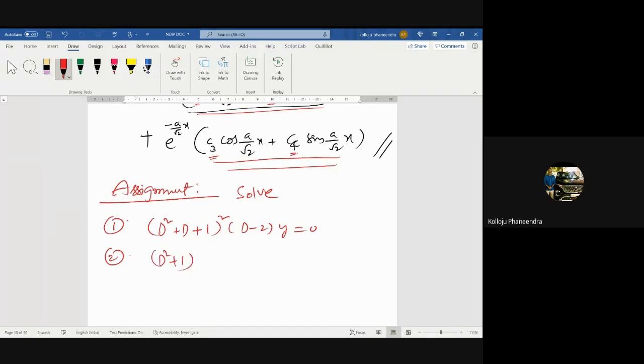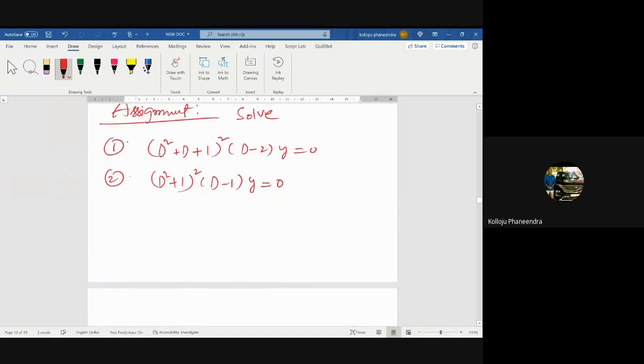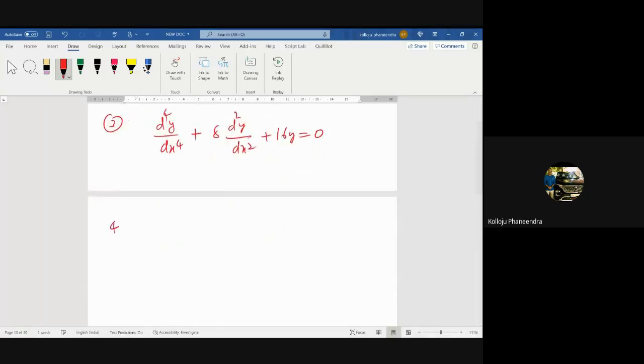This is directly given in operator form, so no need to bother. Directly write f of D, then f of m, the auxiliary equation. Whenever the order is fourth order, you must get 4 roots. D power 4 y plus 16 y equals 0. D power 4 y by dx power 4 minus 4y equals 0.